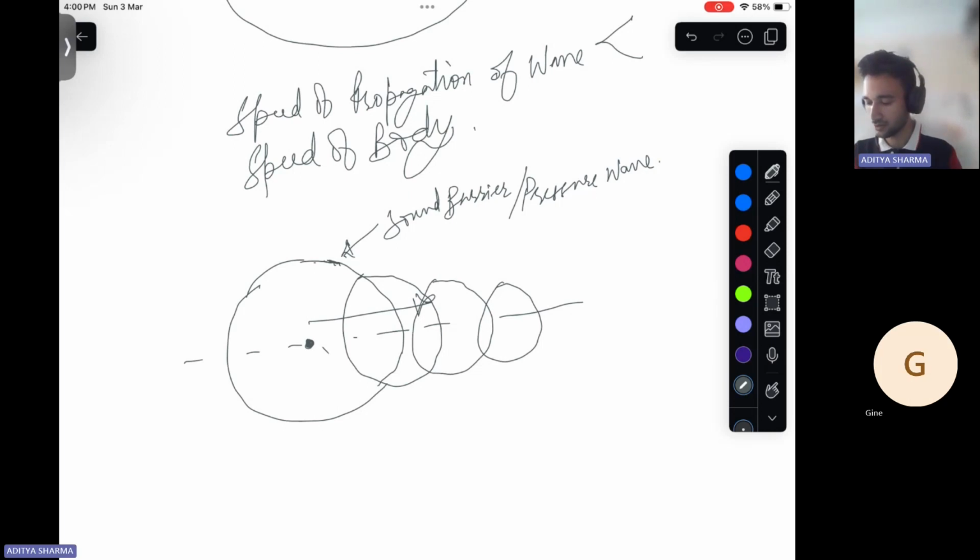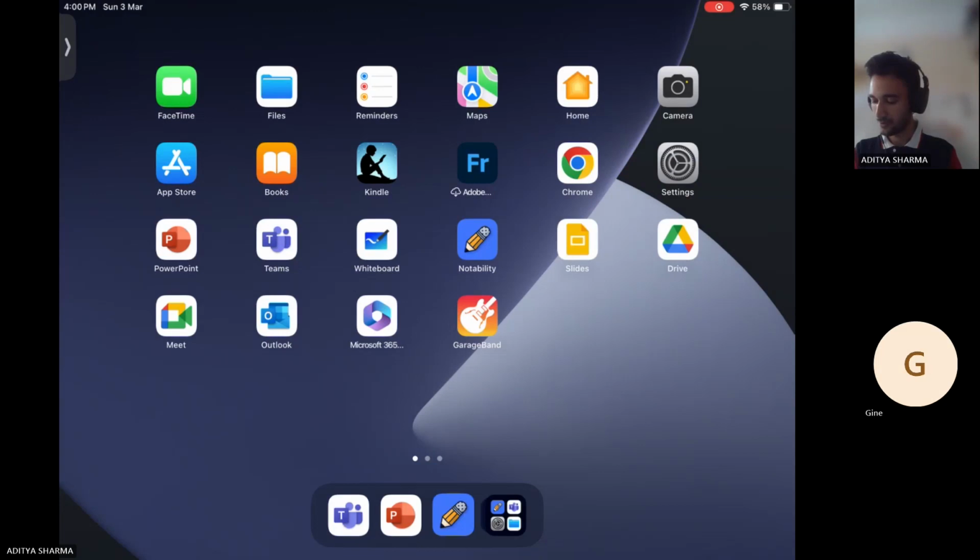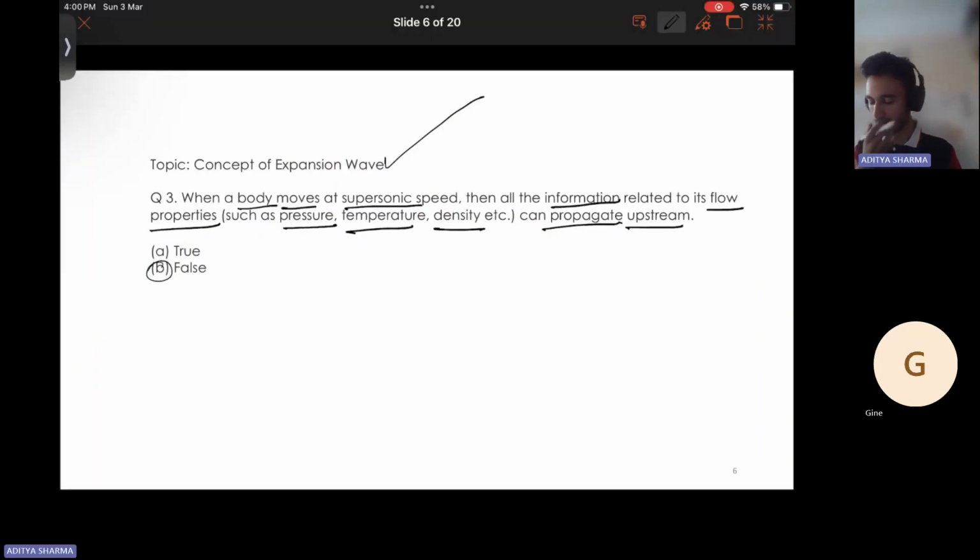So in that case it crosses this sound barrier, and what we get is a Mach wave, because the flow is supersonic.